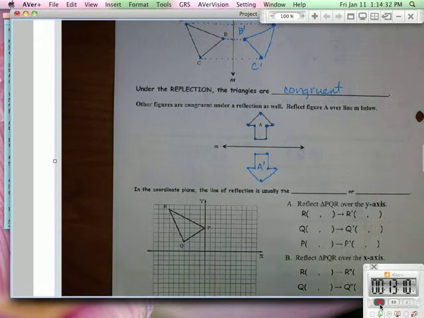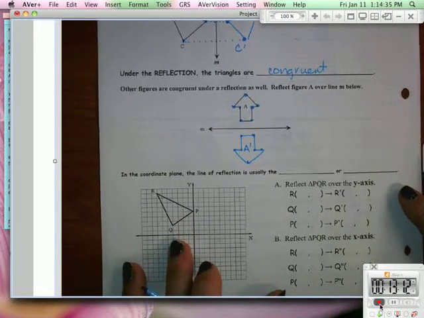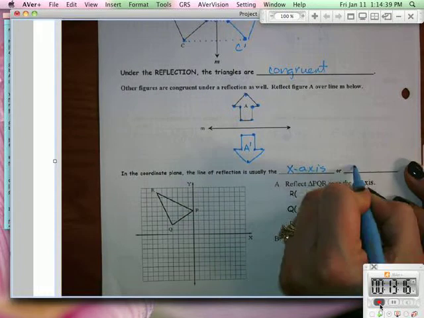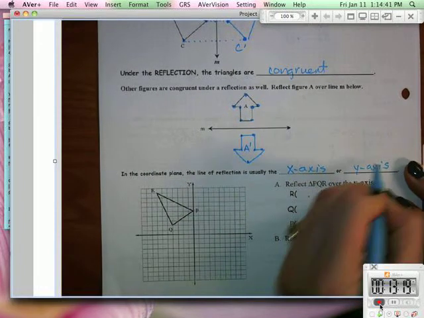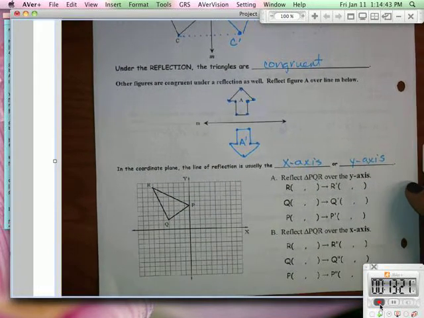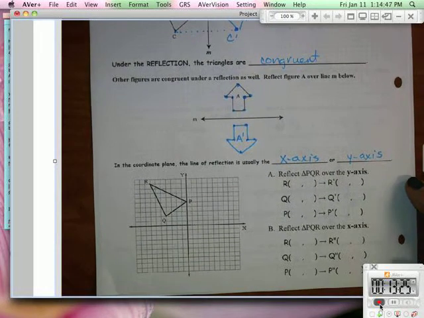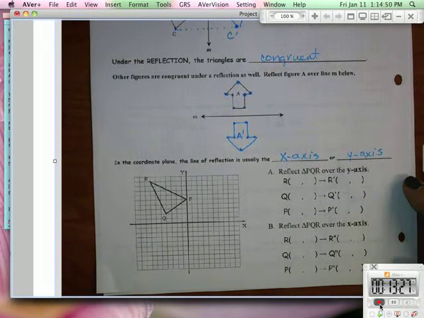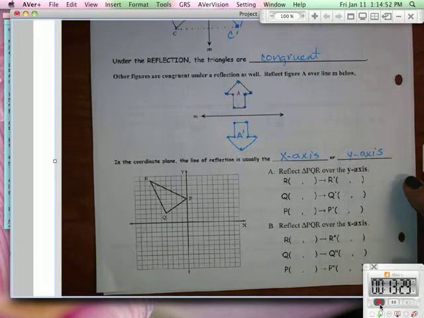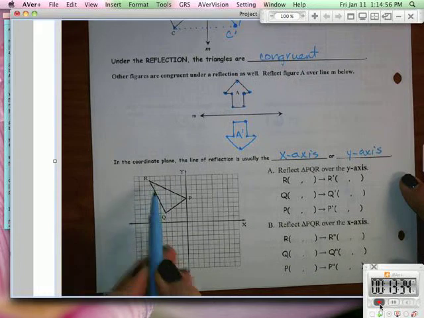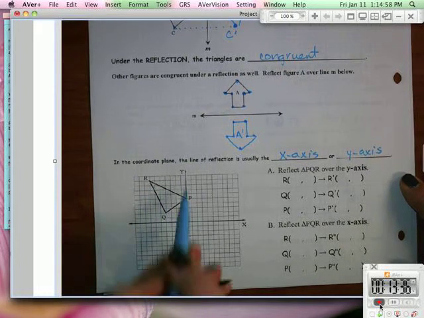In the coordinate plane, the line of reflection is usually the x-axis or the y-axis. Okay? Usually the x-axis or the y-axis. So, what we're going to do here is reflect triangle PQR over the y-axis. This is the y-axis.